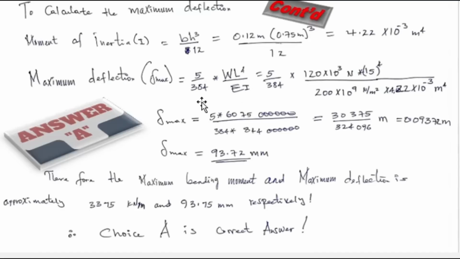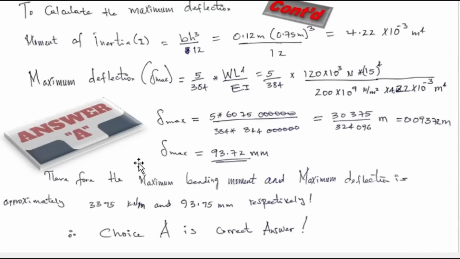So the next step is only substituting the values, and when we substitute the values, it becomes 5 over 384 times 120 times 10 to the power of 3 Newton into 15 meter. This L is the length of the beam, which is 15 meter, to the power of 4 over this E, which is given as 200 times 10 to the power of 9 Newton per meter square, times this I, which is calculated as 4.22 times 10 to the power of 3 M4.